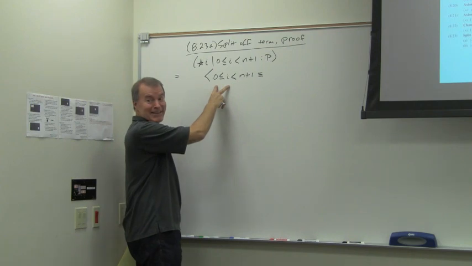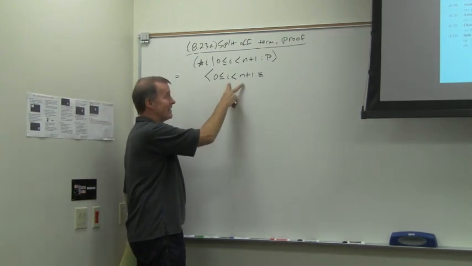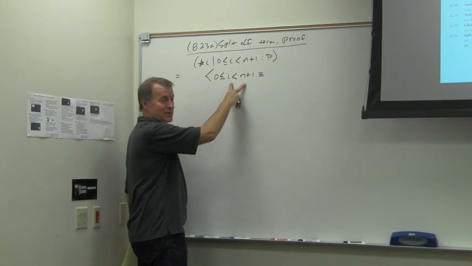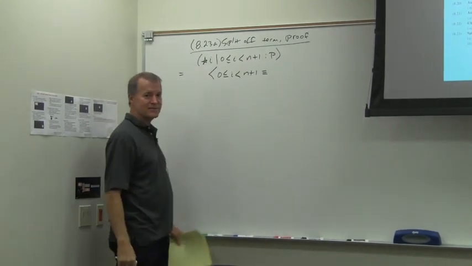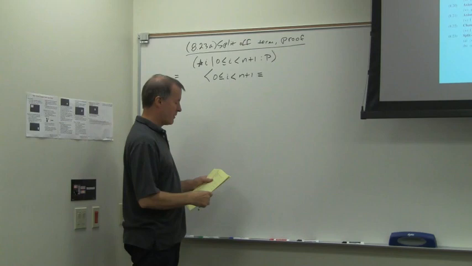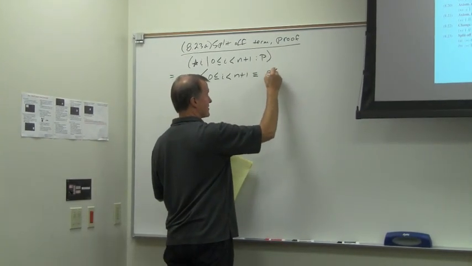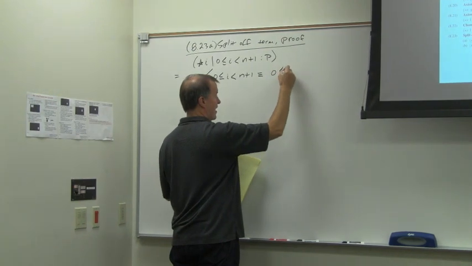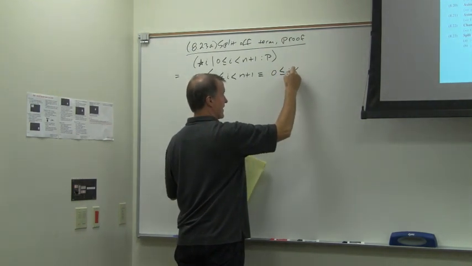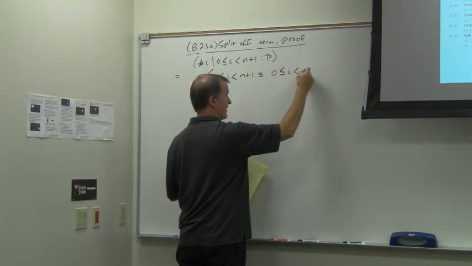What's the conjunctive meaning of this? 0 is less than or equal to I and I is less than n plus 1. What's another way of writing this? Do you buy this equivalence, 0 is less than or equal to I is less than n?